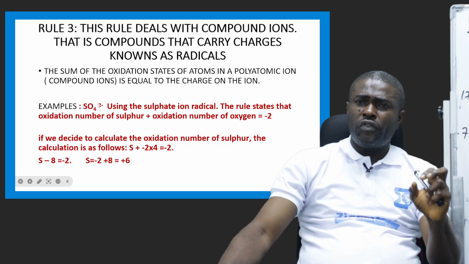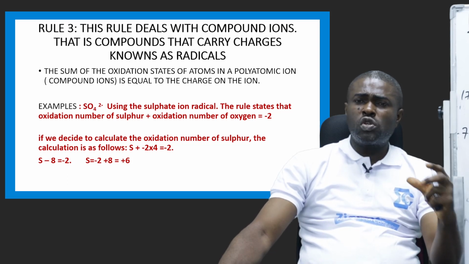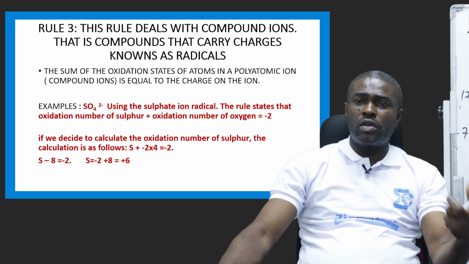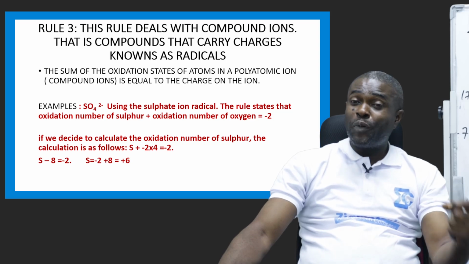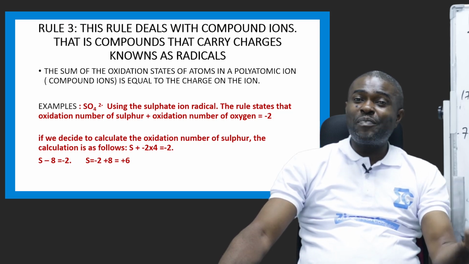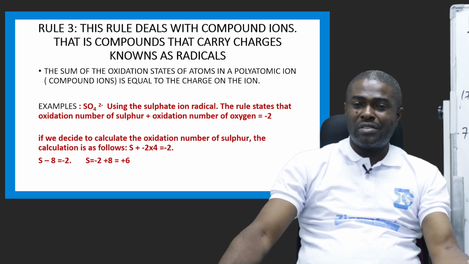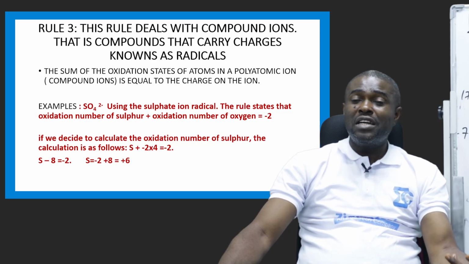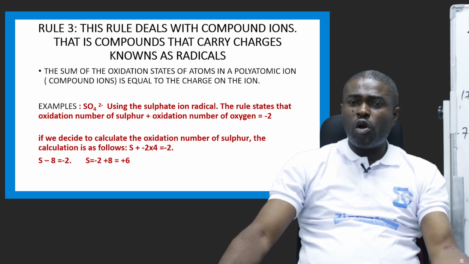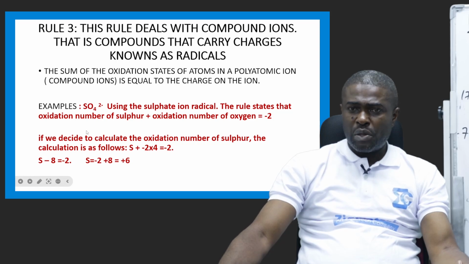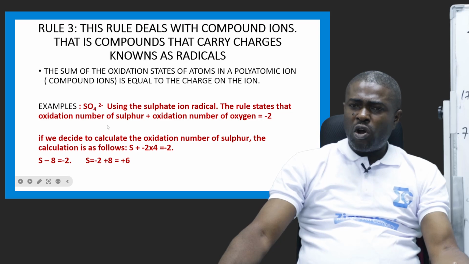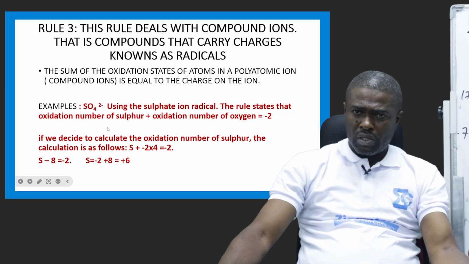It is called a compound ion. If you don't call it a compound ion, you can also call it a polyatomic ion. If you don't call it a polyatomic ion, you can simply call it a radical. So when you see compounds carrying charge, they are called radicals, compound ions, or polyatomic ions.